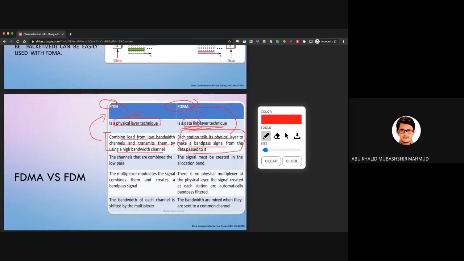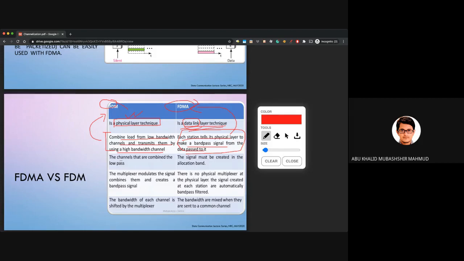The channels that are combined are low pass, that is low frequency channels, and they are transformed into a high bandwidth channel and then transmitted.